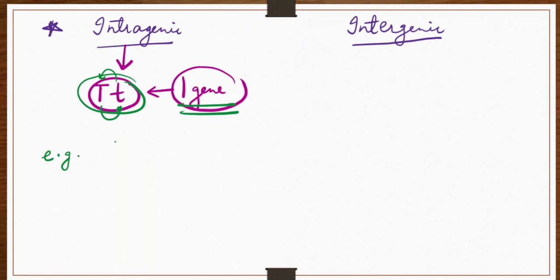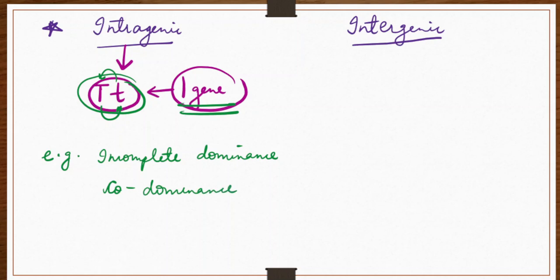There are two examples of this deviation. One is incomplete dominance, and the second one is known as codominance. Now we will study all of this one by one.